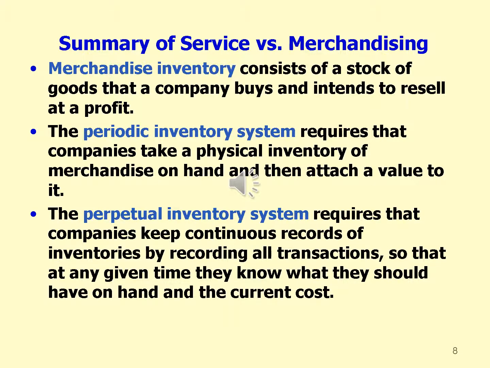There are two basic inventory systems used to track inventory assets as well as the cost of goods sold. They are perpetual and periodic inventory systems. You can pause the PowerPoint to read this slide and the next couple of slides.